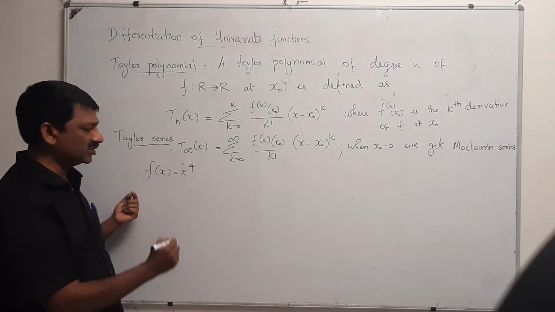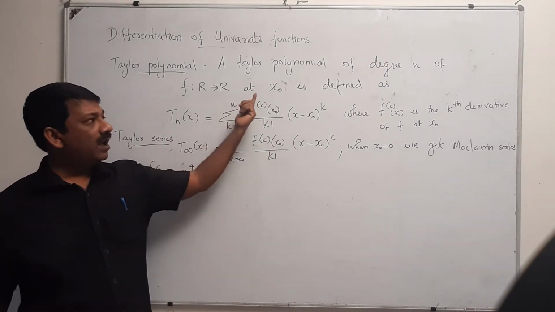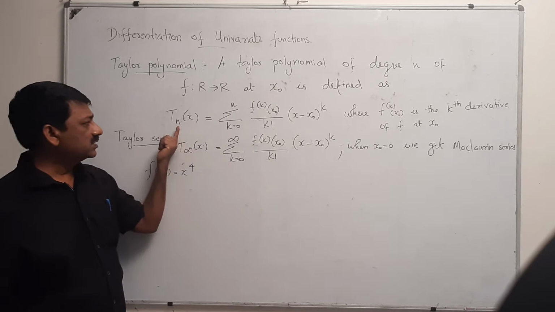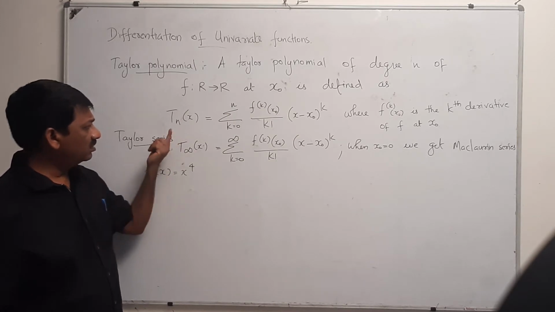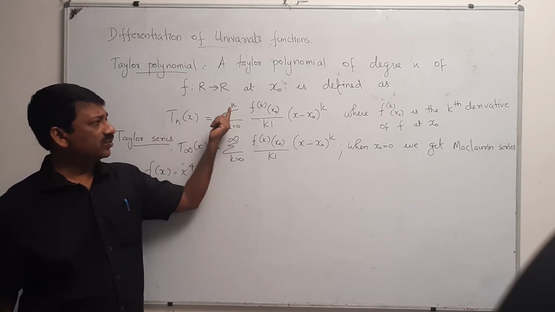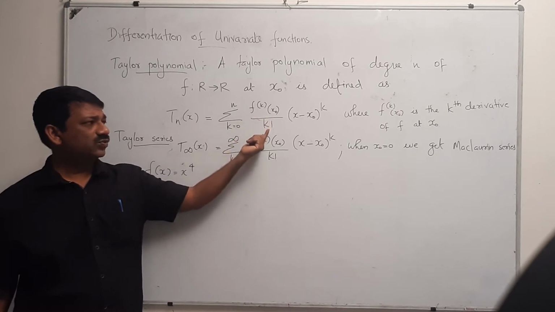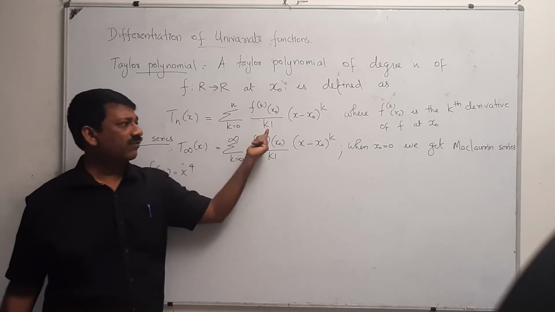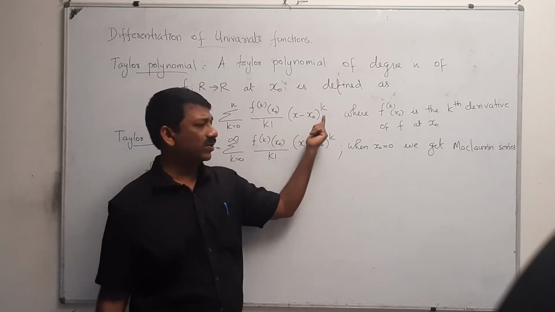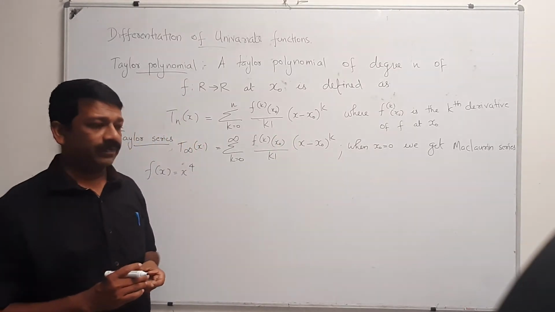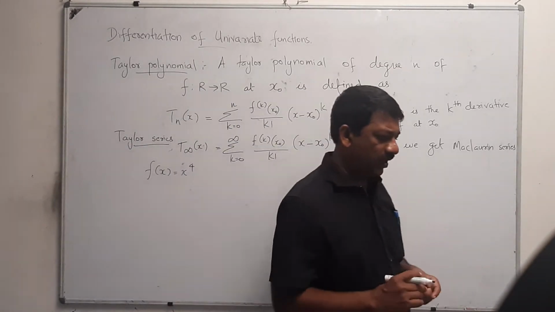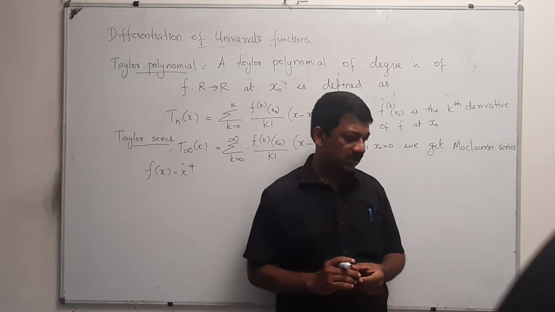Here Tn of x is the sum from k equals 0 to n of f^(k)(x0) by k factorial into (x minus x0) raised to k.